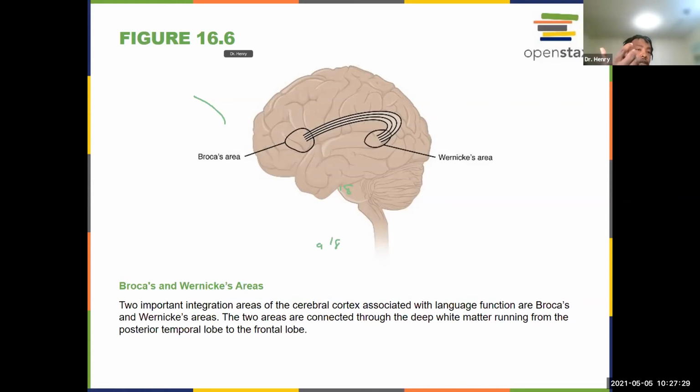Children that have issues learning to speak or are delayed in learning to speak often have effects on the Broca area, where children that have issues with understanding speech have issues with the Wernicke area.